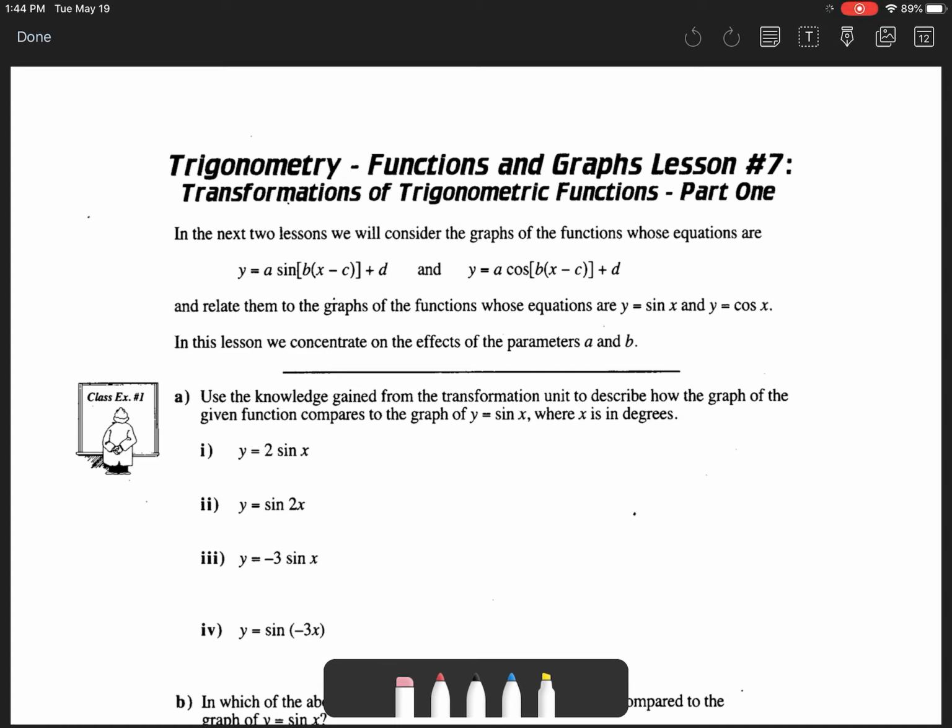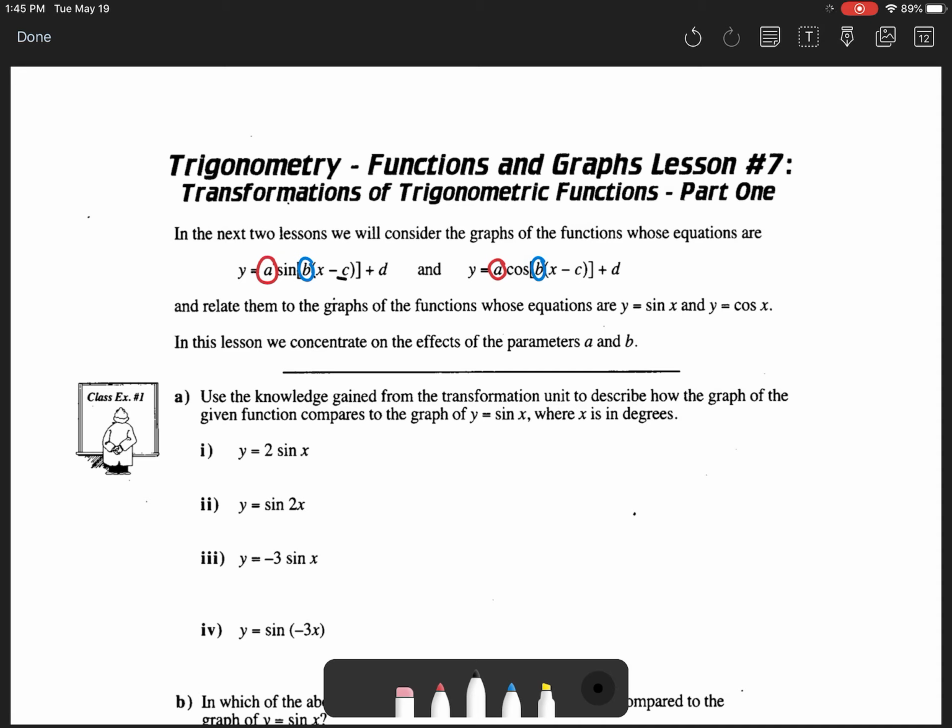Now, you can see that what we have up above here are the two basic equations that are going to be associated with sine and cosine. In both of them, we have an a value that comes before the sine or cosine function. Again, that a value is going to be your vertical stretch. After, inside the brackets, we have a b value, which will be your horizontal stretch.